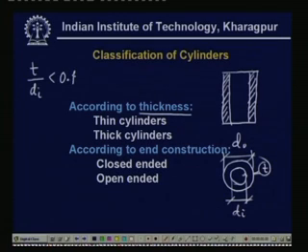So, the thickness of the cylinder, if it is lesser than 10% of the internal diameter, then we call this a thin cylinder. Then if this is not satisfied, that is T is sufficiently thick, then we call it a thick cylinder. Now, in this class we are going to discuss the thin cylinders. Remember, in the thin cylinders the thickness is very small.